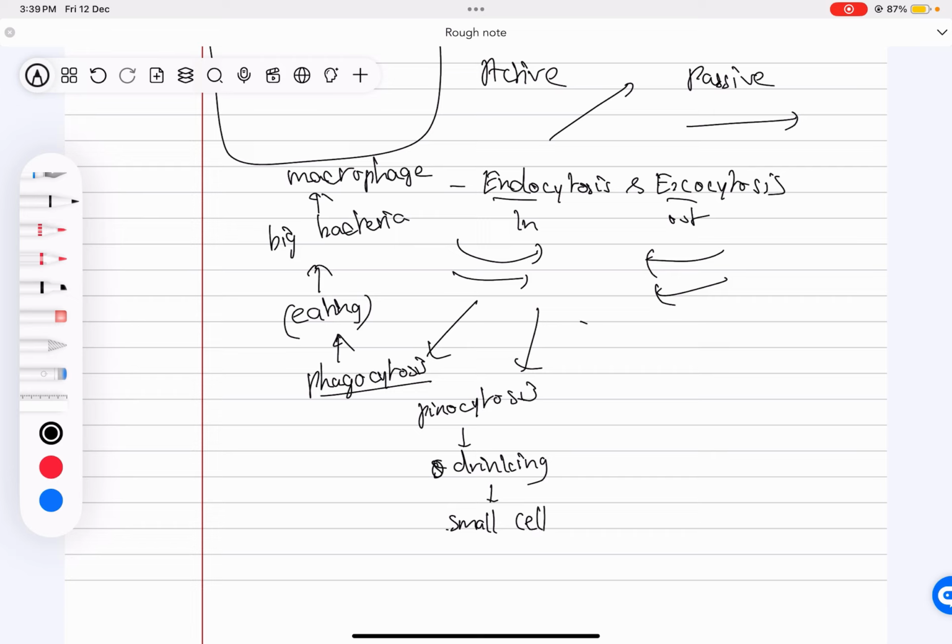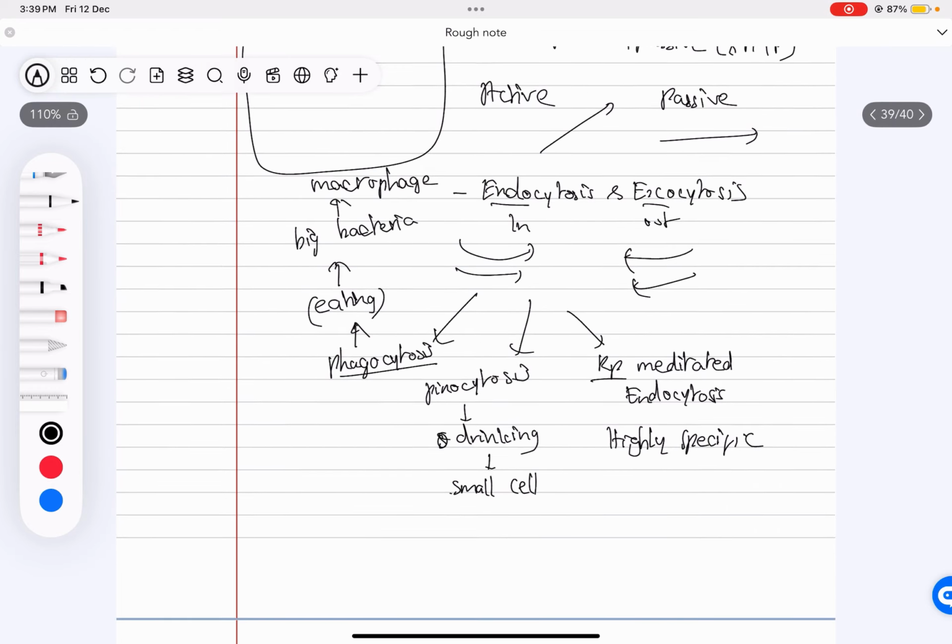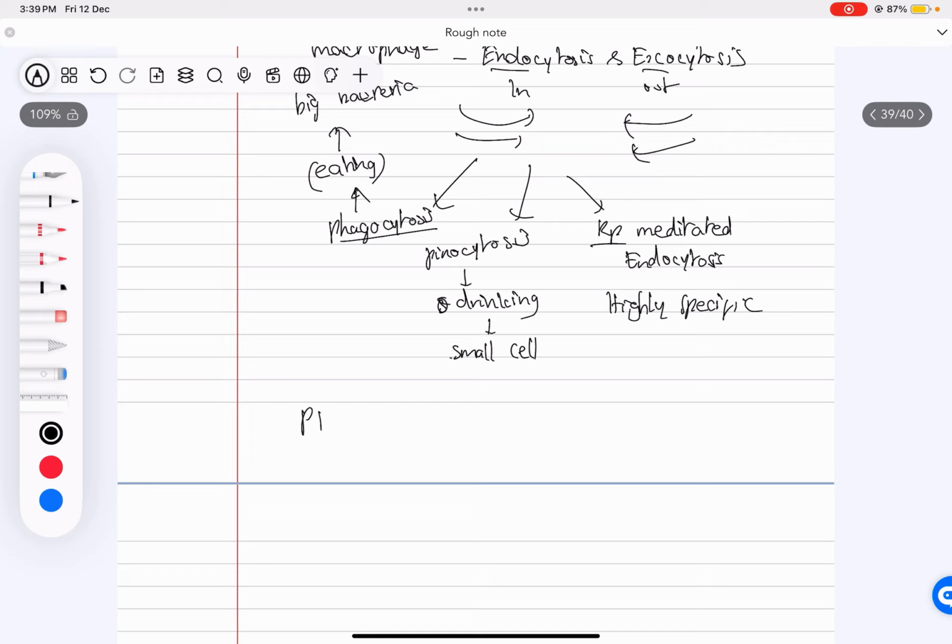Then there is something called receptor mediated endocytosis. It has a receptor and it is highly specific. The plasma membrane can also recognize cells with the help of glycolipid and glycoprotein.